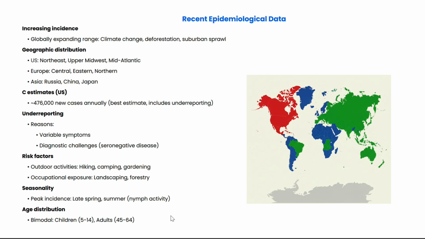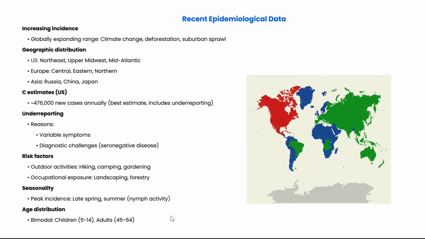The Centers for Disease Control and Prevention in the US estimates that there are approximately 476,000 new cases of Lyme disease each year. This figure is our best estimate and attempts to account for significant underreporting.